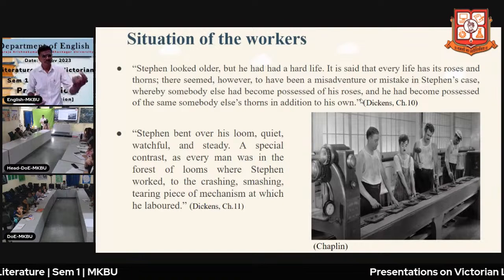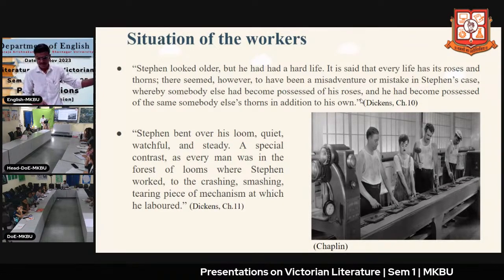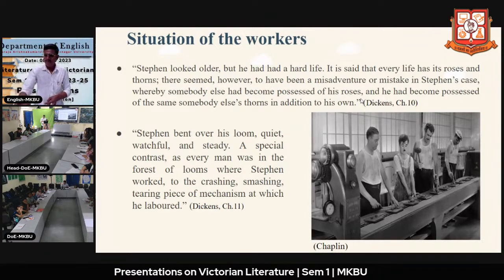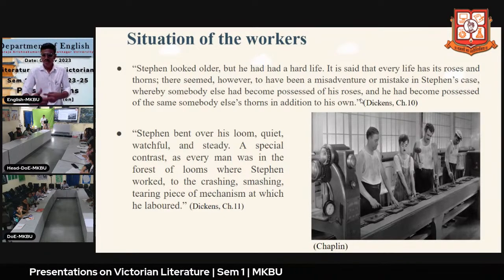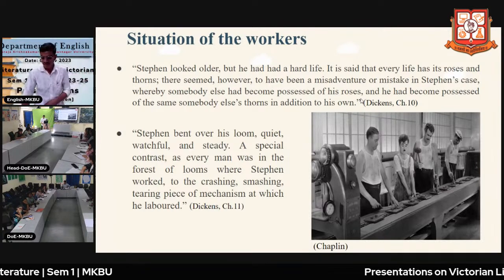In the same way, we find in the movie scenes where the workers are bent down and continuously working. So this is the scene from the movie when the workers are working.